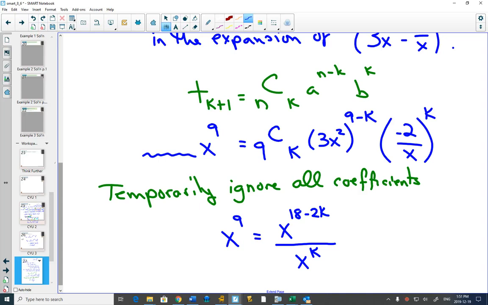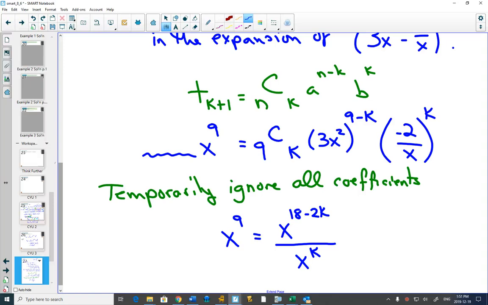So I'll get you to write this out, then we'll think about it and explain it again. What we're doing is we're ignoring all the numbers in front. We're just going to use the powers to help us solve for k. I know my term has an x to the 9. According to my formula, I have x's from my first term and x's from my second term.